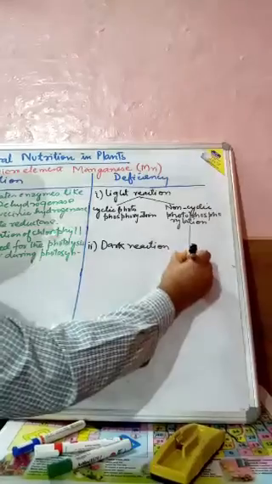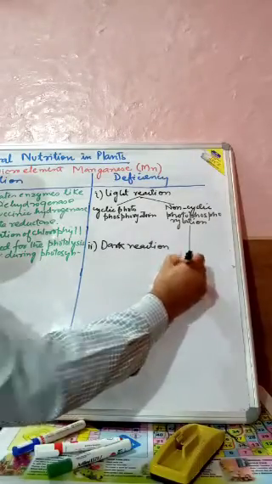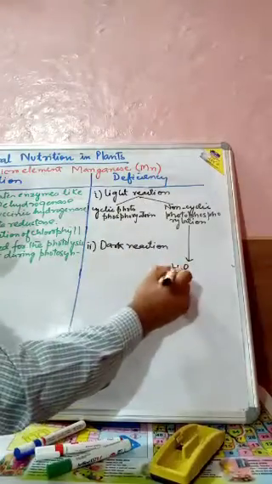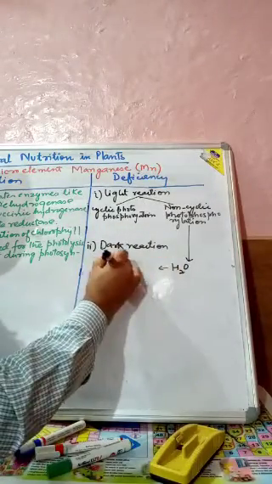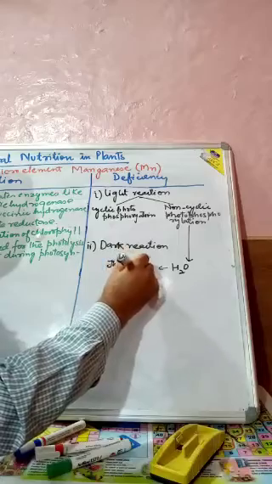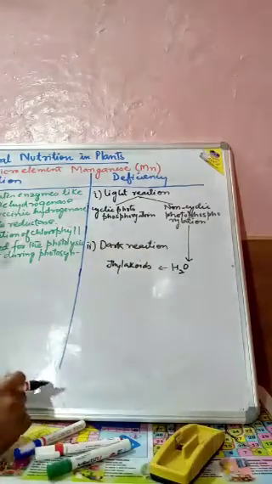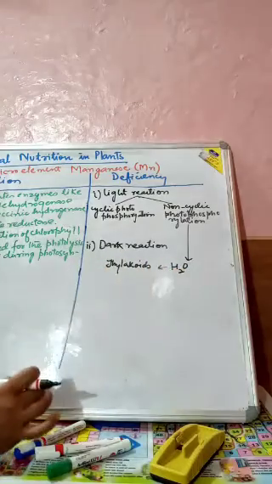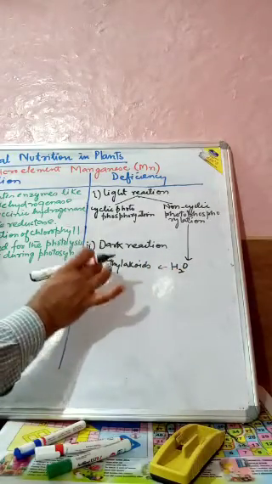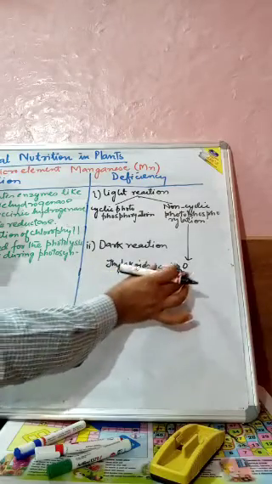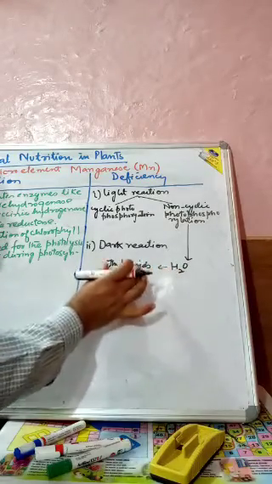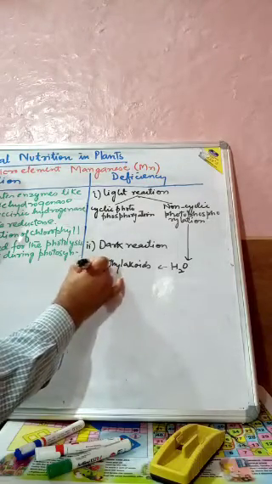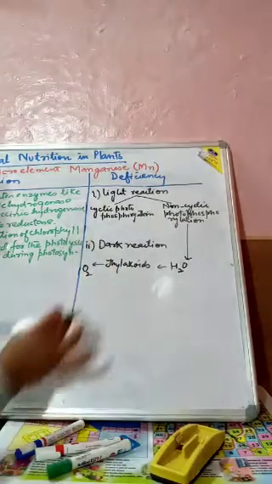Water, that is H2O, splits, it breaks down inside the thylakoids. This water molecule splits inside the thylakoids to release molecular oxygen.